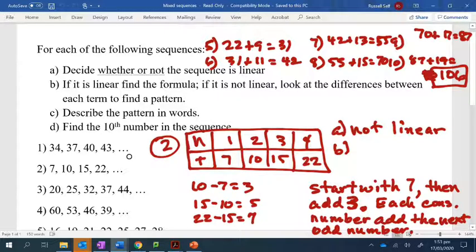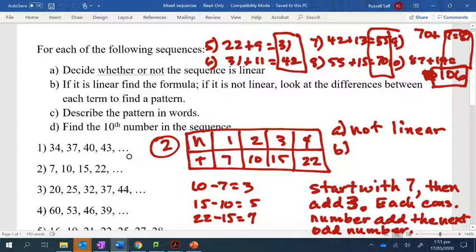So even though we don't have a rule for it, that doesn't mean we can't continue the pattern. That's what you're going to be expected to do: continue the pattern and write down the numbers up to a certain point.